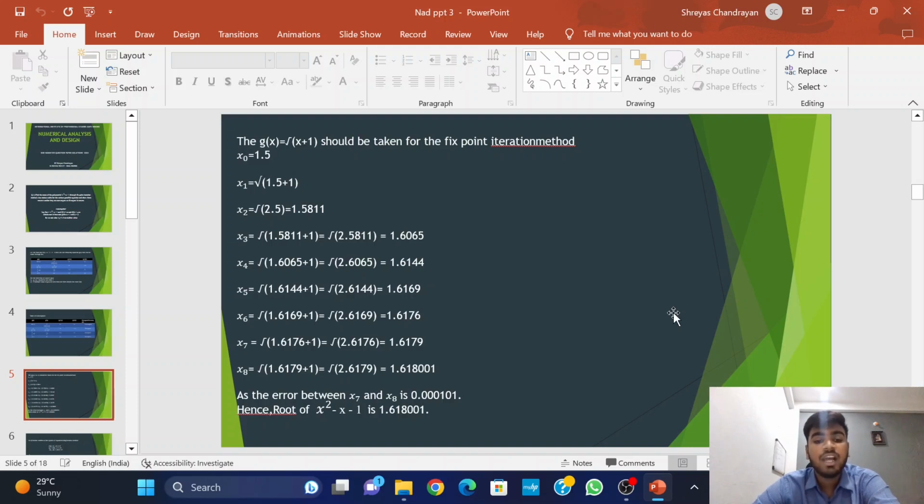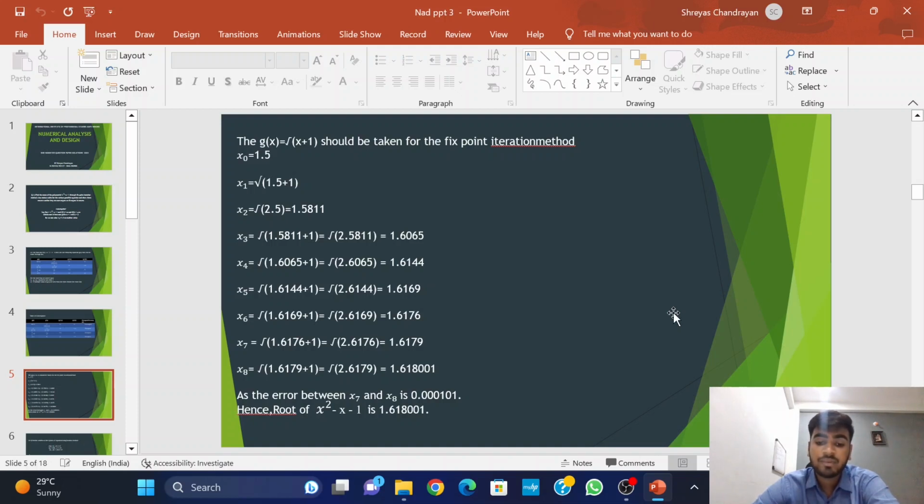x5 is equal to root of 1.6144 plus 1, which is equal to root 2.6144, which is equal to 1.6169. x6 is equal to root of 1.6169 plus 1, which is equal to root 2.6169, which is equal to 1.6176.